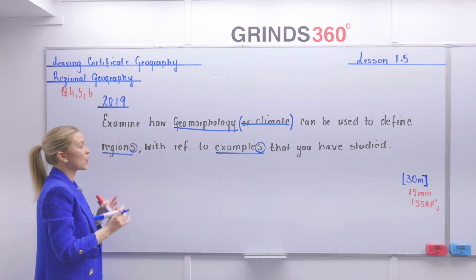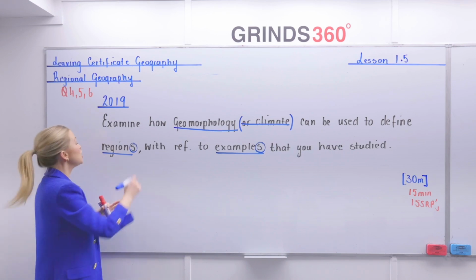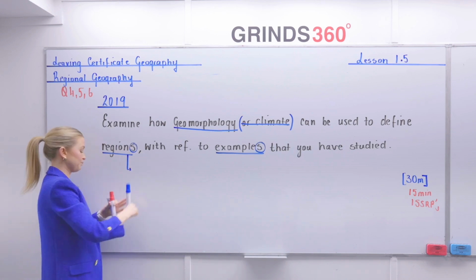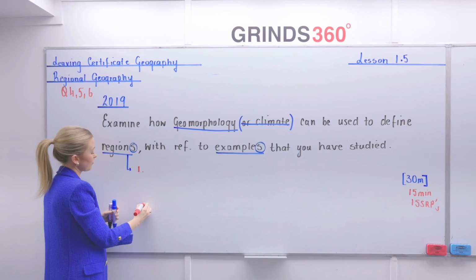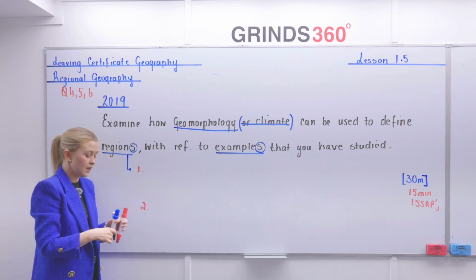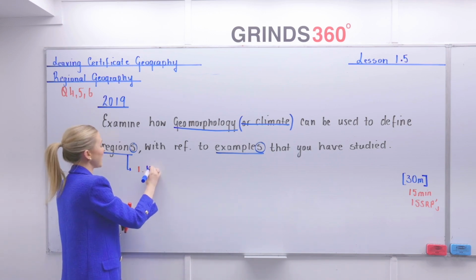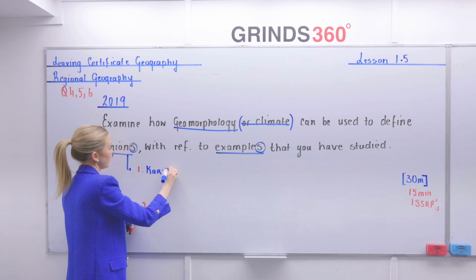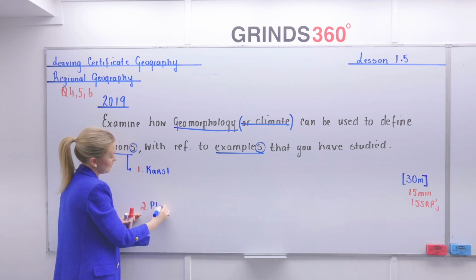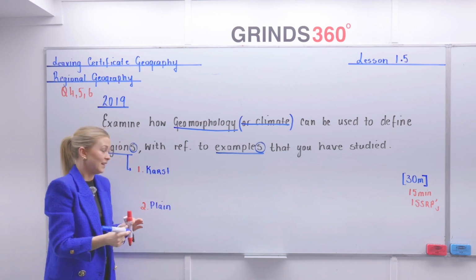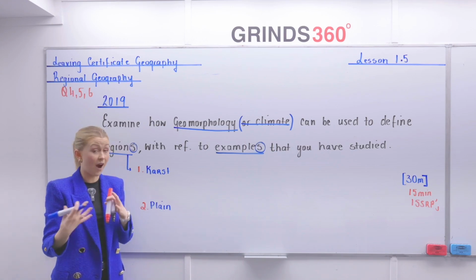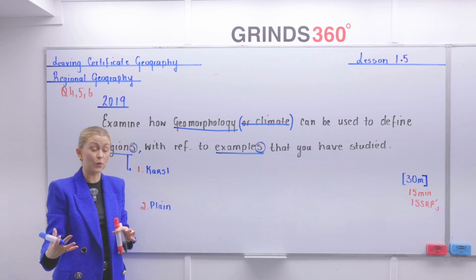In this case, we're going to look at two geomorphological regions, number 1 and number 2. My first region is going to be a karst region. My second is going to be a plain. Make sure you're taking this down. My karst region, I know, is based on Carboniferous limestone, or that's what it's associated with.